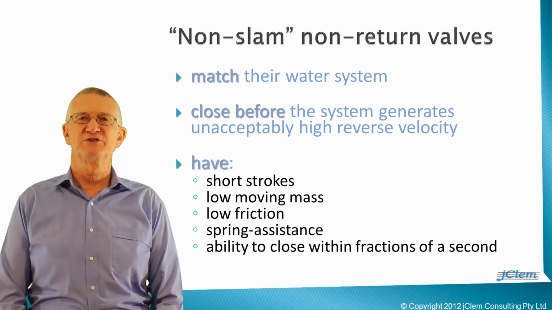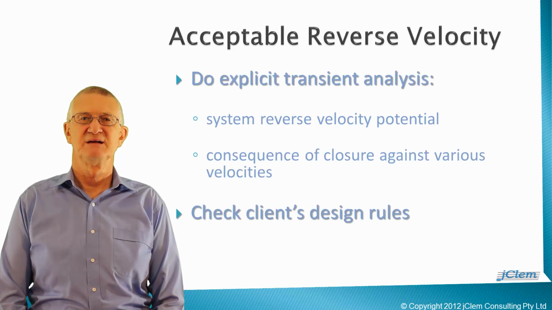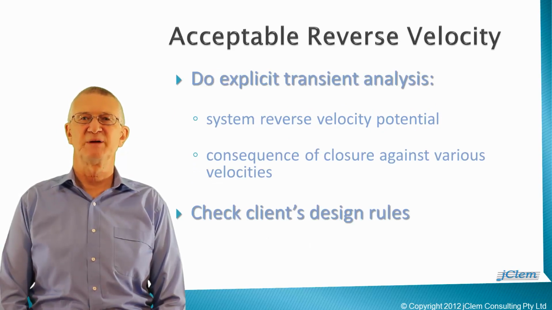There is a wide range of non-return valve types available, some that can close rapidly and some that can't. The first step is for the project team to specify the design limit for maximum reverse velocity, either explicitly or from the client's mechanical design standards.